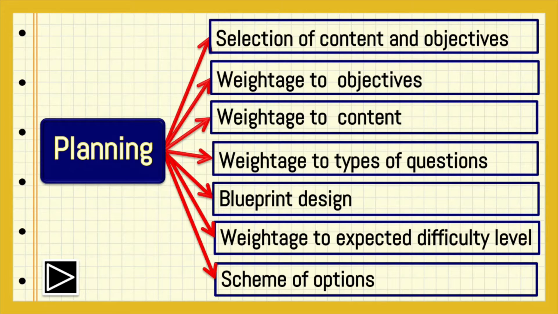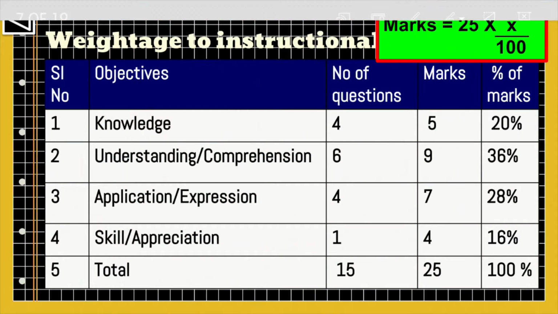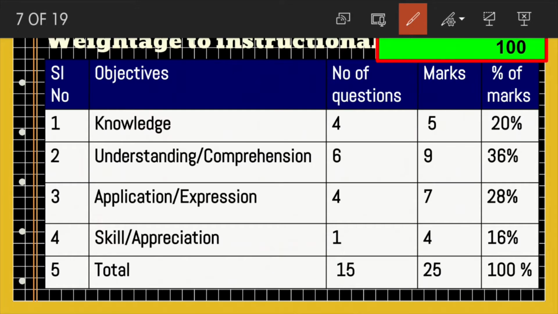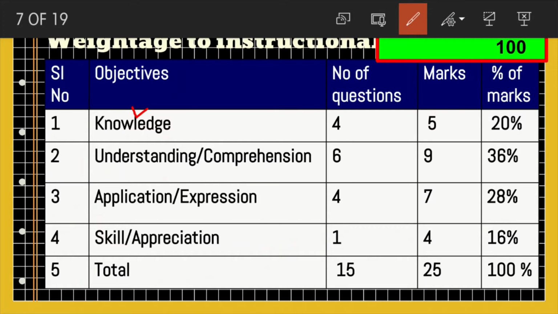Now, the second dimension for the design of the test is weightage to the objectives. Dear students, each subject has a different set of objectives. In general, for science, social science and mathematics, the objectives are knowledge, understanding, application and skill.